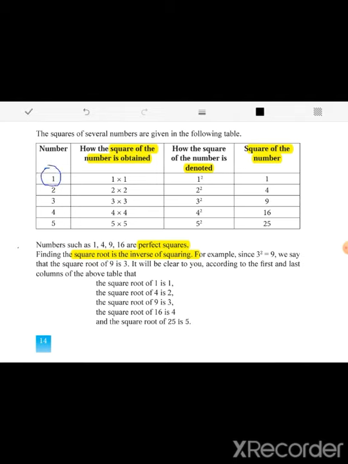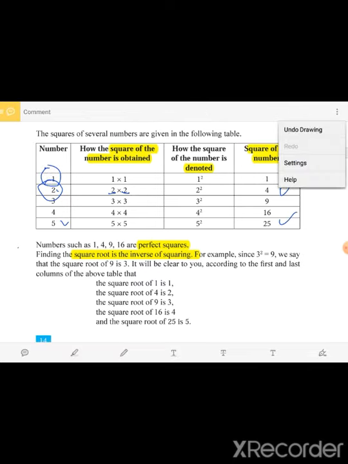By multiplying itself, you can get square numbers. So first number is 1. 1 times 1, we can denote 1 squared, then that is equal to 1. Here let's take 2. So 2 multiplied by itself, that is 2 times 2, that is equal to 2 squared. 2 squared is equal to 4. So likewise up to 5 is here.